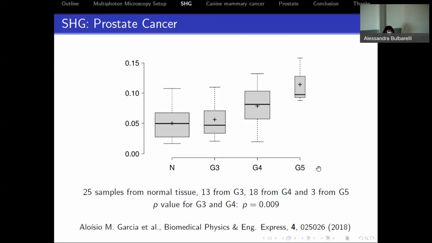Breast, ovarian, and pancreas, many different types. But people were just showing that, well, if we look at the collagen, we can see that in some of them it gets much more aligned.